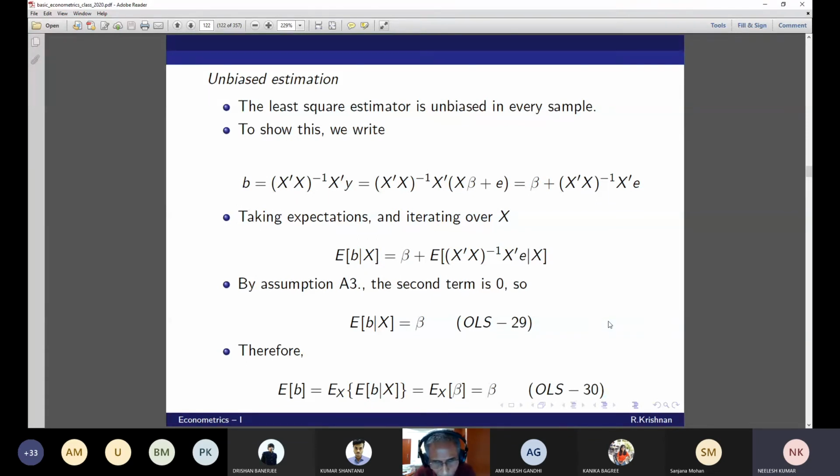Normally people write it that way, meaning over the given X. We have already taken the expectation of b given X, equal to beta, and we are taking the expectation again of a constant.